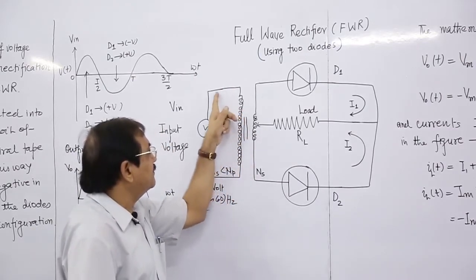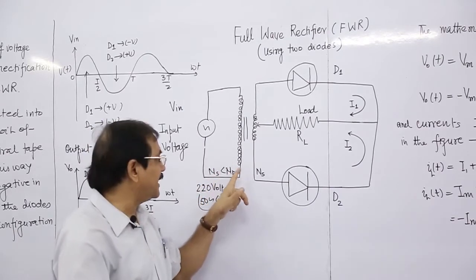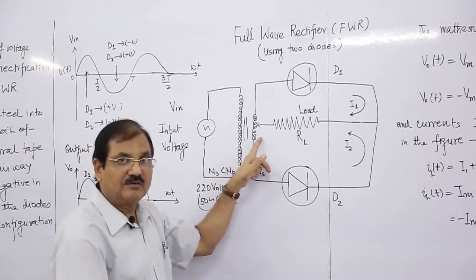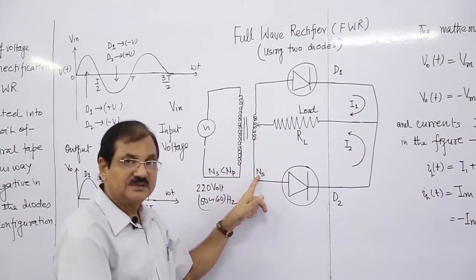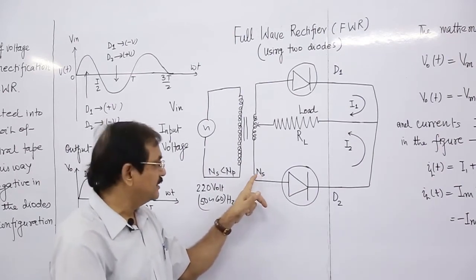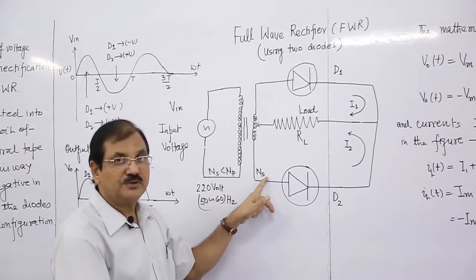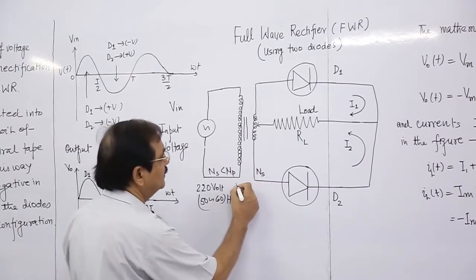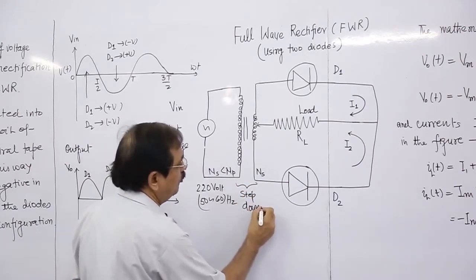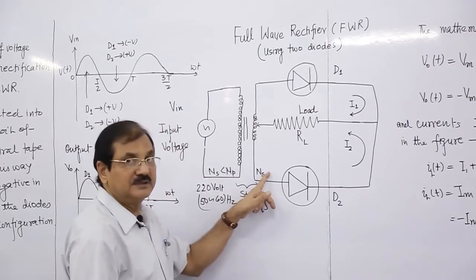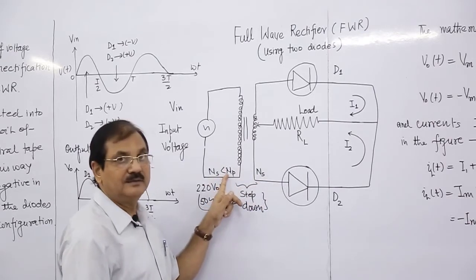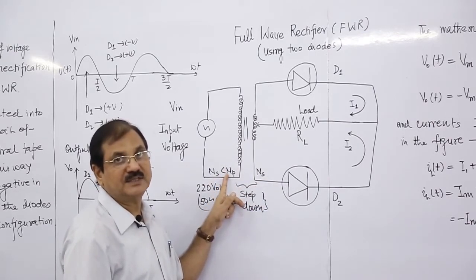This is the transformer having the primary coil NP, and here it is the secondary coil, and the number of turns in the secondary is represented by NS. This transformer is a step down transformer, and for a step down transformer, the number of turns in the secondary must be less than in the primary.